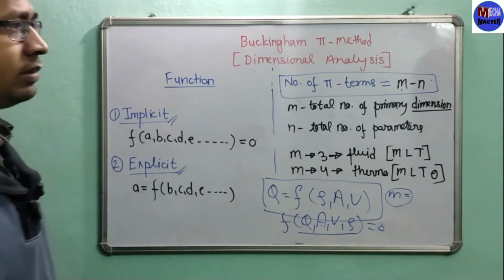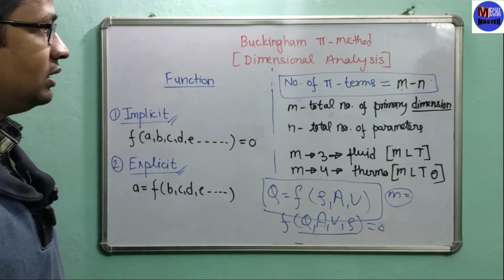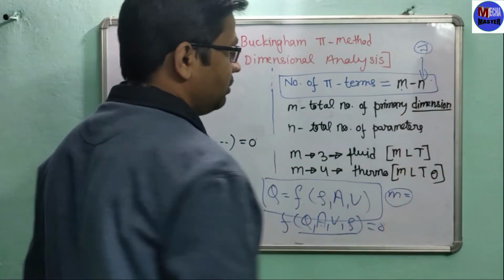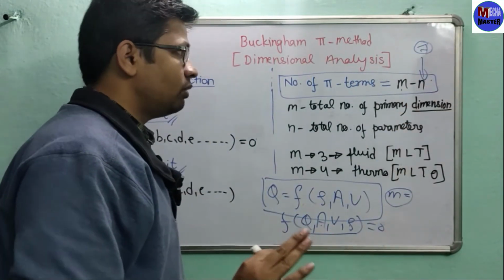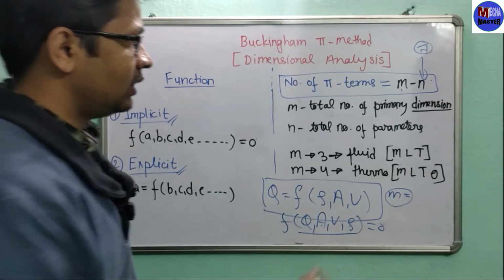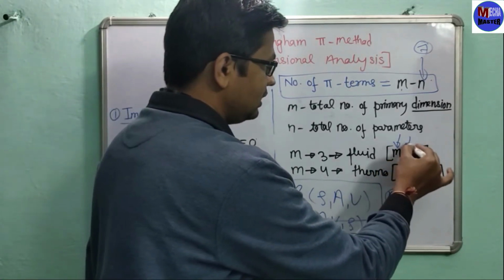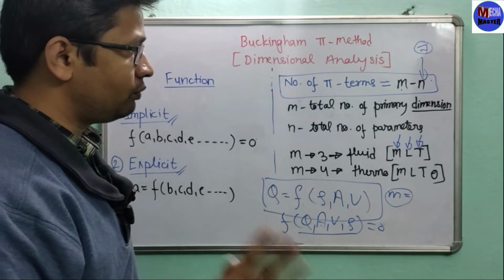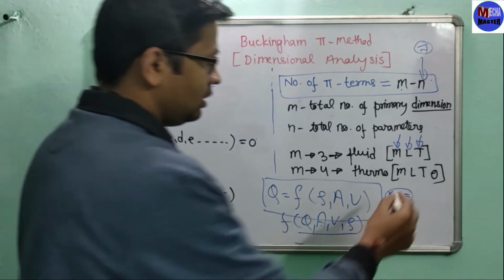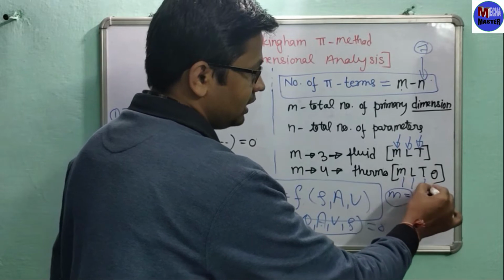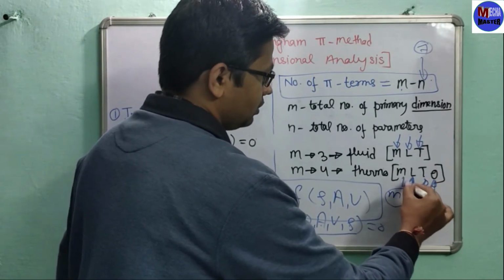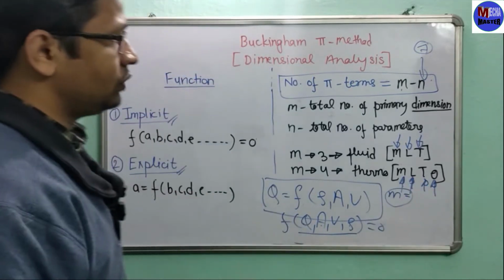N will be the number of primary dimensions, and I think you know that there are 7 primary dimensions, but in fluid mechanics we generally use 3, that is mass, length, and time. But in thermodynamics we use 4 primary dimensions: mass, length, time, and temperature. These are the basics that you need to know.